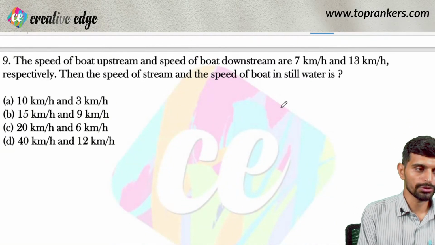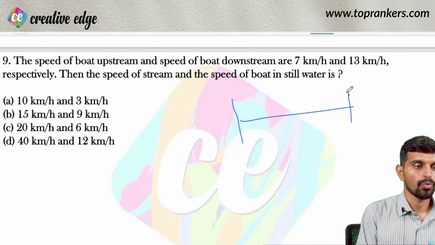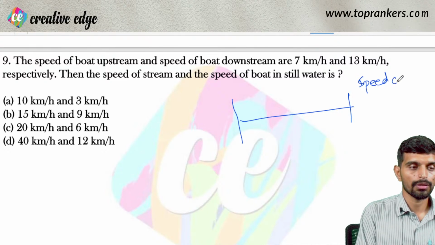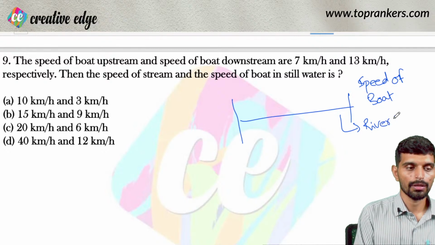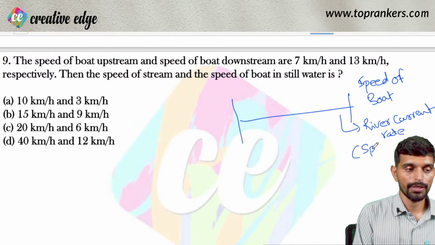So in case of boats and streams, what happens is, one thing is called speed of boat, other is called river current rate, also known as the speed of stream.